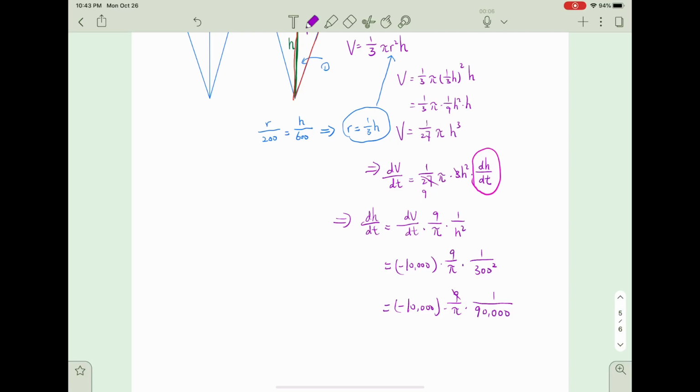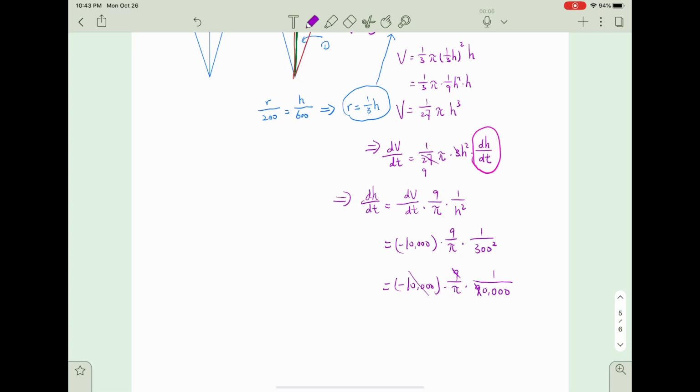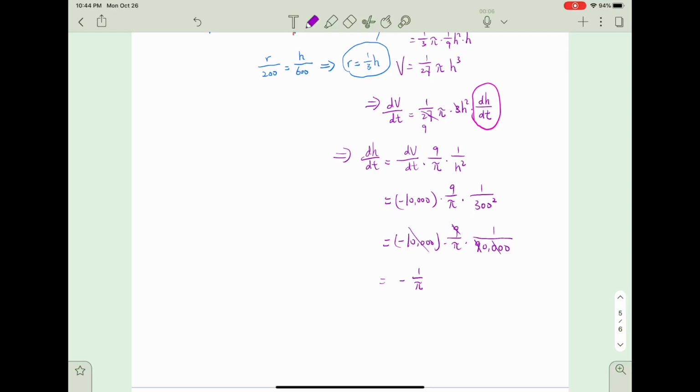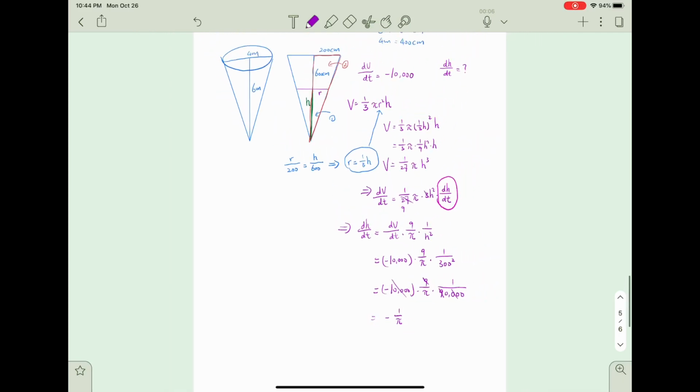We cancel the pi, and the 10,000 cancels with the 10,000. We have a negative sign left, so it's negative 1 over pi. That is the rate of change of the height, dh dt. We found this.